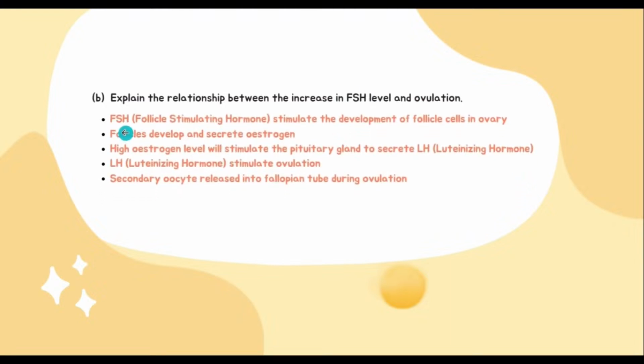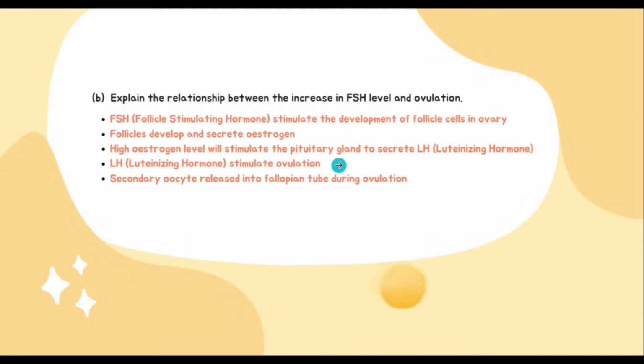First step, FSH or follicle stimulating hormone stimulates the development of follicles in the ovary. We know that. And then what happened? Follicles that develop in the ovary secrete estrogen. And then high estrogen level stimulates the pituitary gland to secrete luteinizing hormone. And then luteinizing hormone will stimulate ovulation.